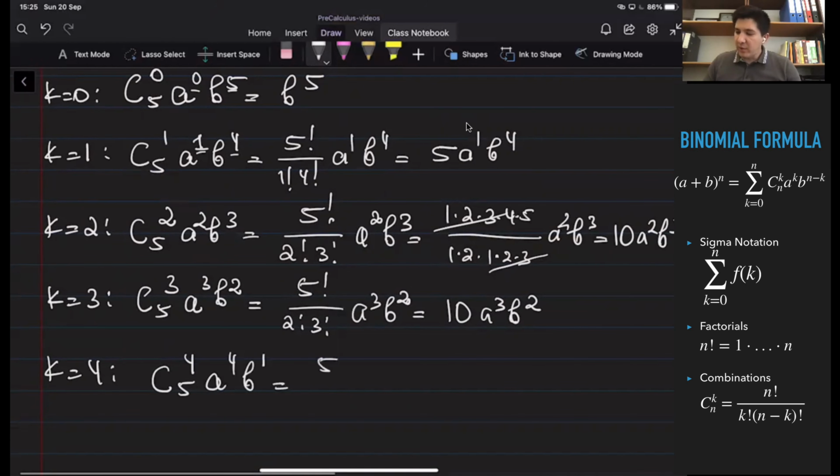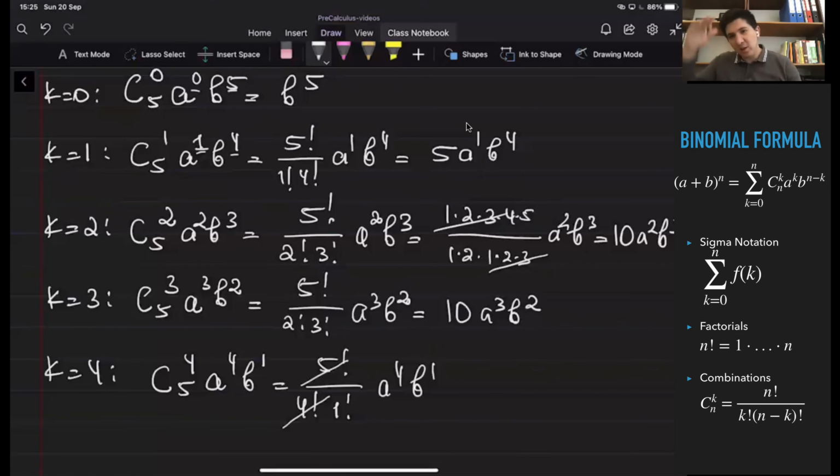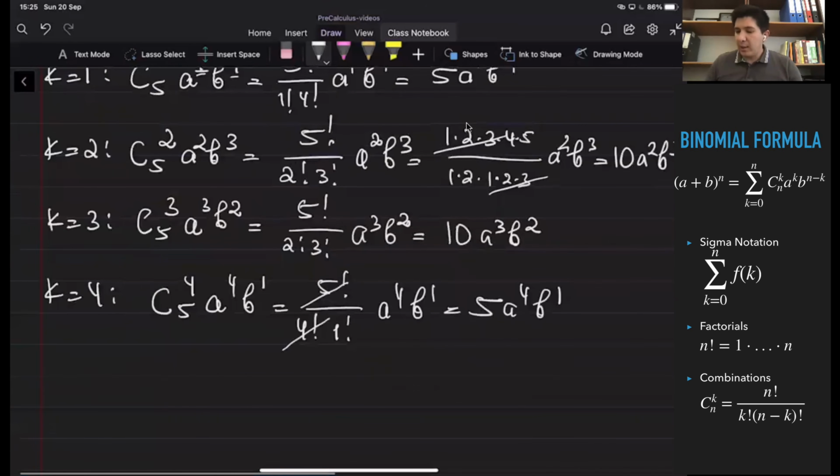So it's 5 factorial divided by 4 factorial and 1 factorial, and we can cancel those terms. It's going to be 5, so 5 a^4 b. And at the end, when k is equal to 5, it's C(5, 5), a^5, b^0, which is simply a in the power of 5.